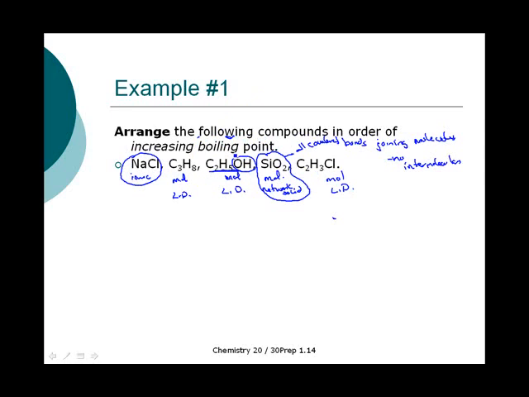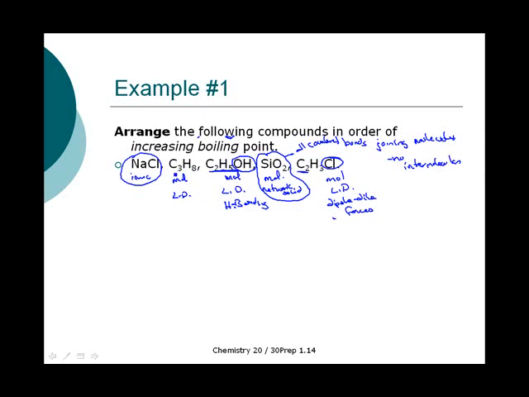It has the OH at the end, which means it's going to have hydrogen bonding. If I take a look at this molecule over here, notice that I have a 2 carbon center, but I'm going to end up with a chlorine on one of those carbons. So this particular molecule is going to have dipole-dipole forces.